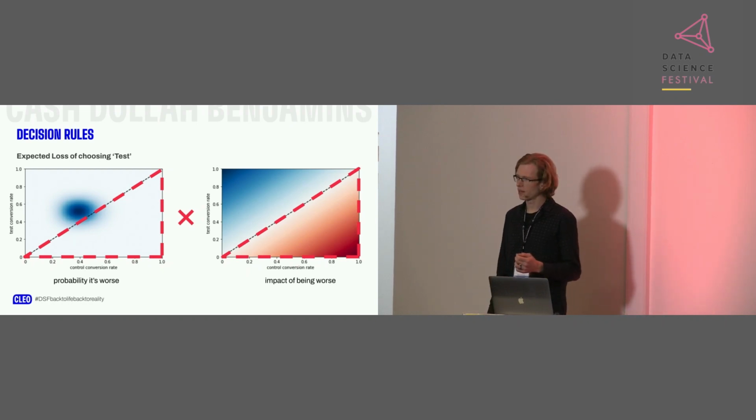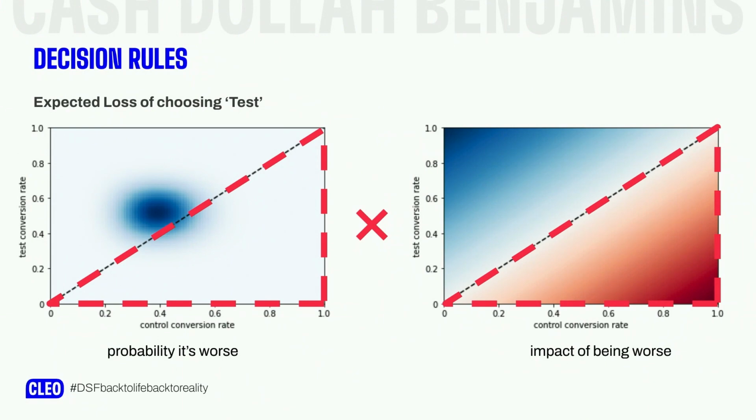So the graph on the left is the same one that you saw earlier for win rate. So this is the joint probability distribution from the two beta distributions for the control and the test. And that bottom left triangle is the region where the test is doing worse. So if we're calculating the expected loss of choosing the treatment called test, then we would take this probability that it's worse and multiply it by the impact of being worse.